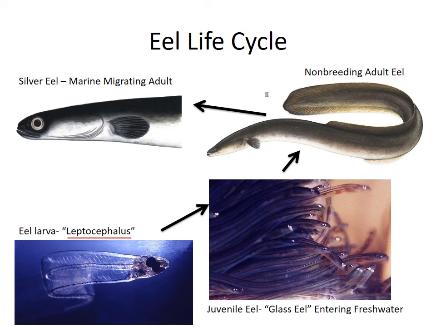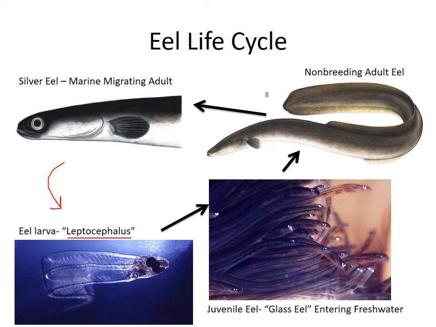And then they become this brownish, typical non-breeding adult eel in the estuaries or freshwaters of the coast until the eel is compelled by instinct to re-enter the ocean and seek out the spawning grounds in the middle of the Atlantic Ocean. And they undergo this interesting change where their eyes get bigger and they develop a silvery color for camouflage in the deep mesopelagic zone of the ocean as they make their way to the breeding grounds and produce the next generation of leptocephalus larvae.